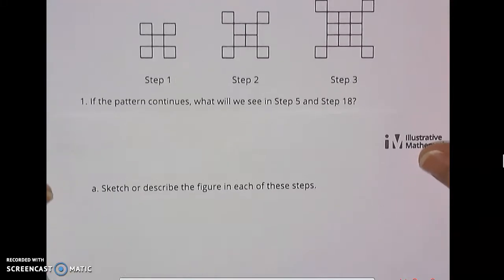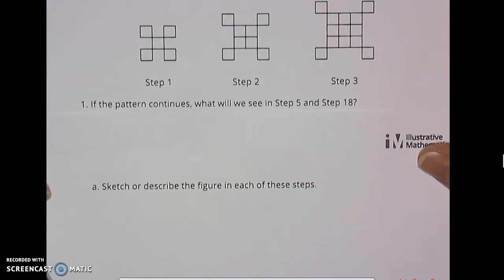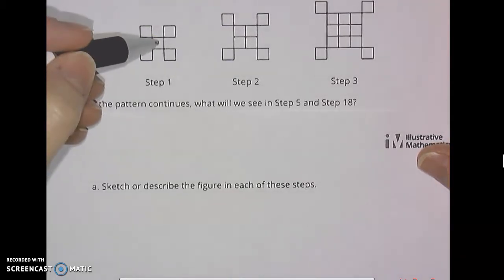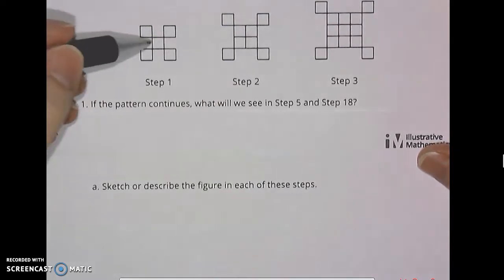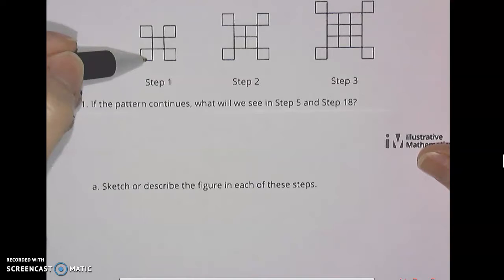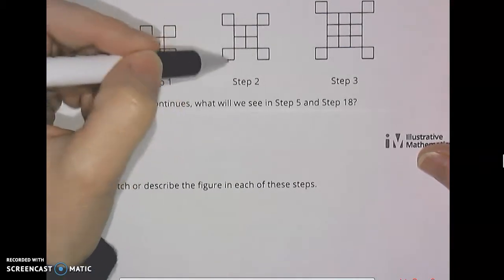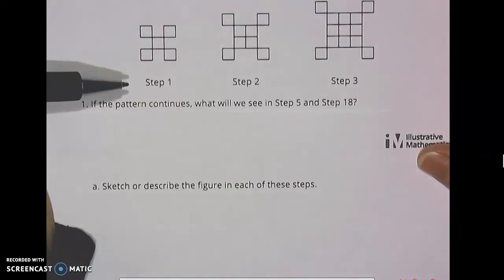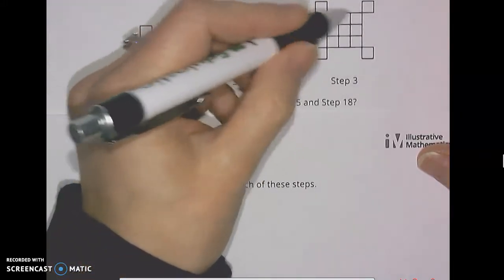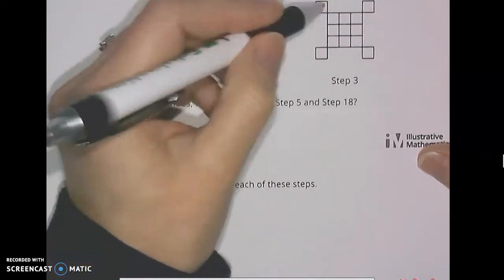In step 1, we're seeing a small square in the middle, a 1 by 1 square, and then 4 squares around it. In step 2, we're noticing a 2 by 2 square and 4 squares around it. In step 3, we're noticing a 3 by 3 square and 4 squares around it.